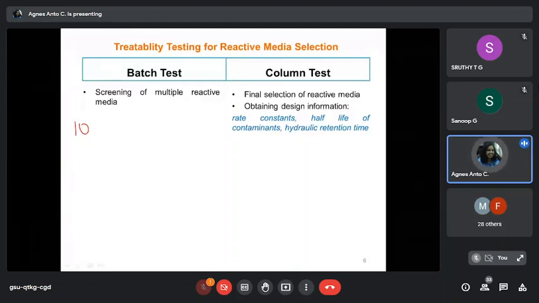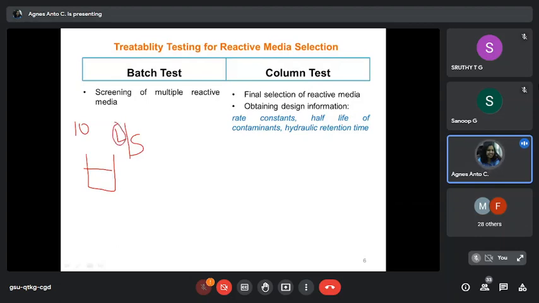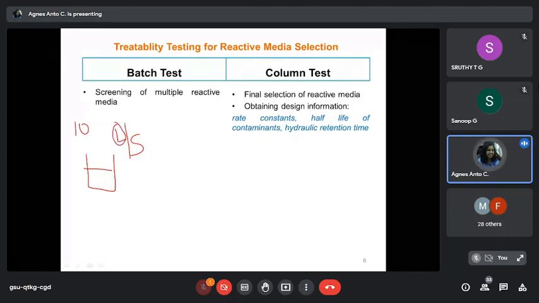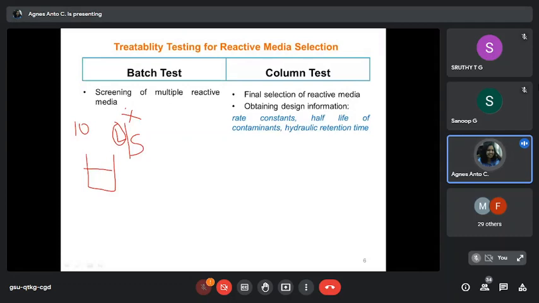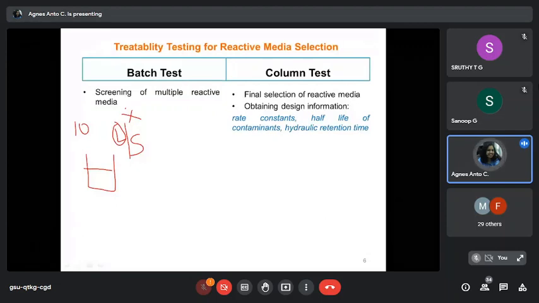I take a container and pour in the proportion of L by S. L stands for liquid, which is your contaminated groundwater, which has X concentration of the contaminant in it, and S refers to solid, which is my reactive material. So I take say 100 ml of my contaminated groundwater, and I take 10 grams of my reactive material.